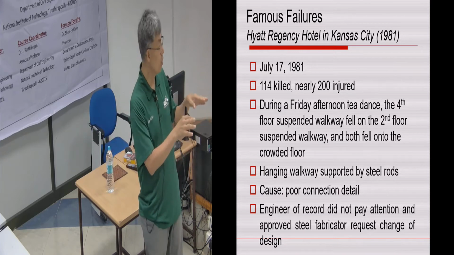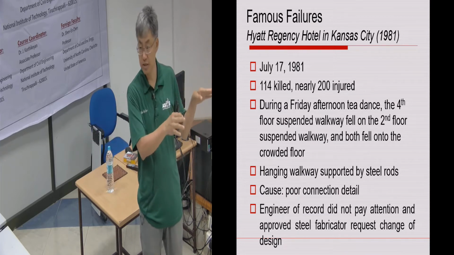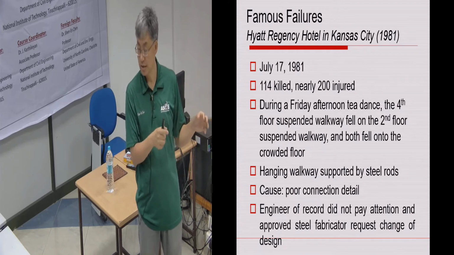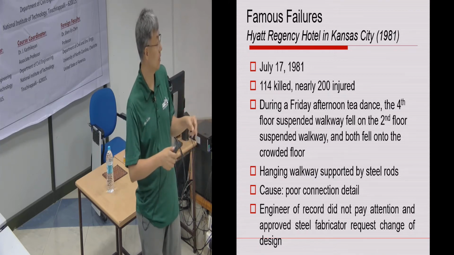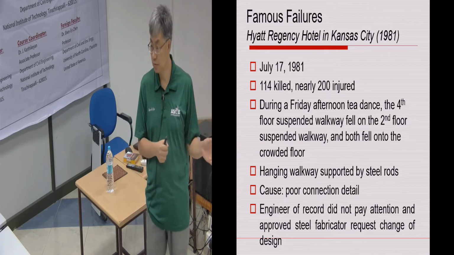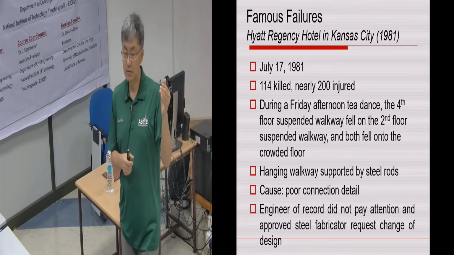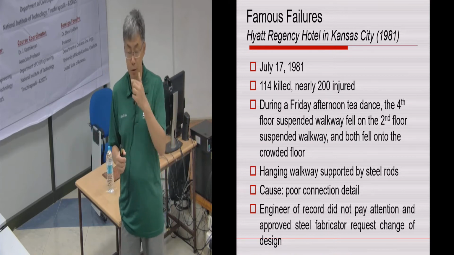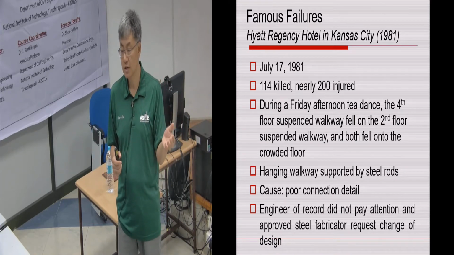The two walkways, as I showed in the picture yesterday, had a lot of people standing on top, and then suddenly it collapsed and killed 114 people. This was at a time when we didn't have any regulations on this.